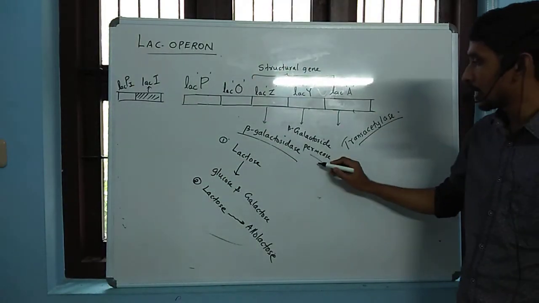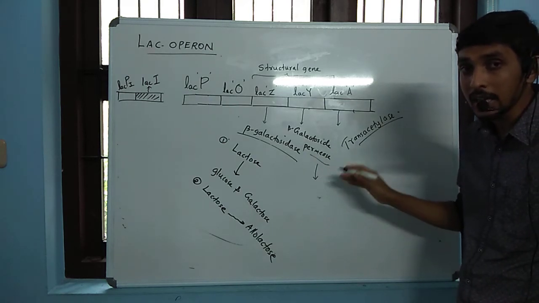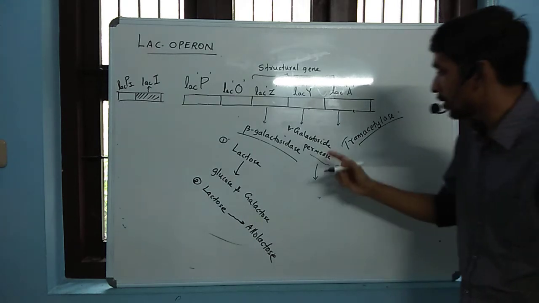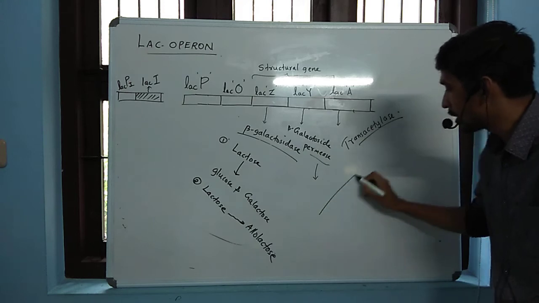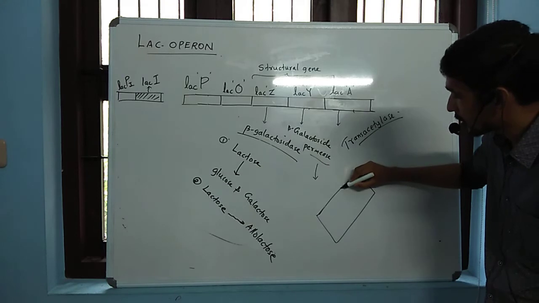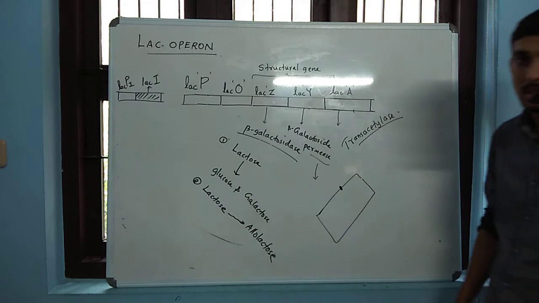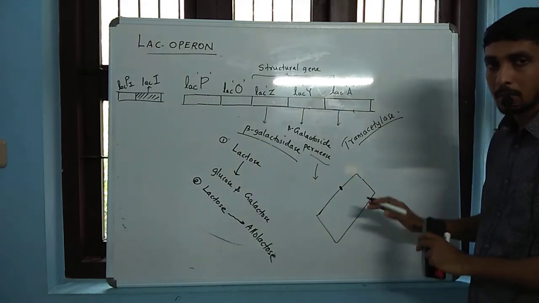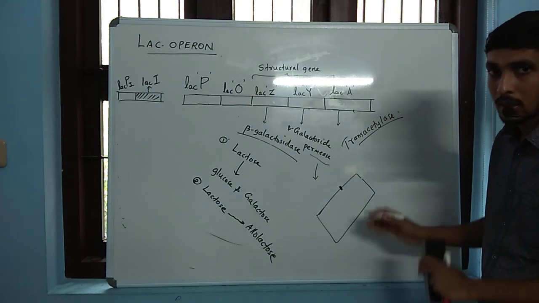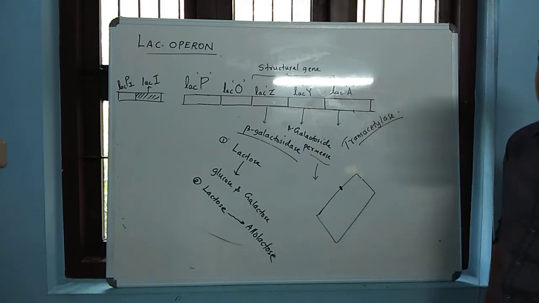The second one is called galactoside permease. Permease means an agent or protein which is able to permeate. Permease is usually found on the cell membrane of lac operon carrying bacteria.